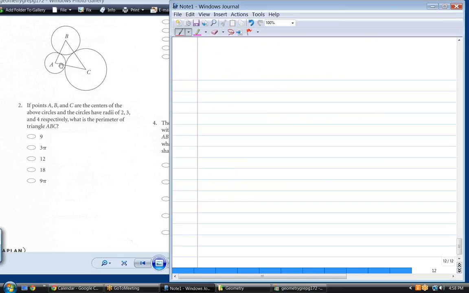This one's pretty easy. The radius of A is 2, the radius of B is 3, the radius of C is 4. What's the perimeter of that triangle? What's length AB equal to? 5.